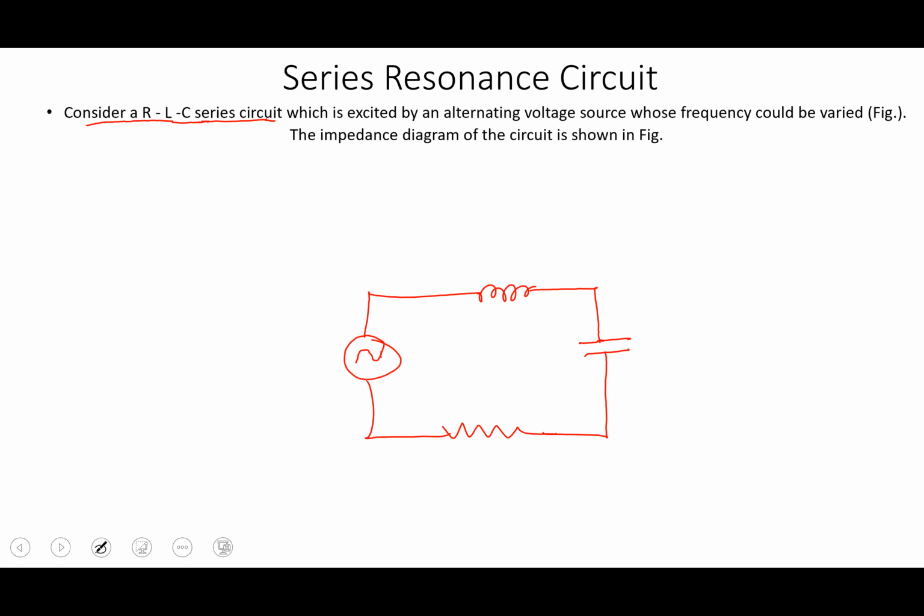In all of these cases, the current is going to be the same, excited by an alternating voltage source whose frequency would vary, as shown in the figure, with the impedance diagram of the circuit. Now, the inductor L, capacitor C, and resistance R, what is their combined effect?